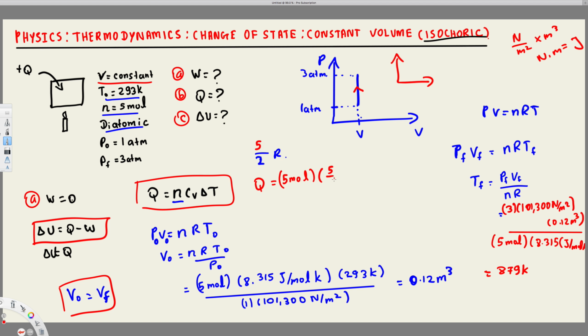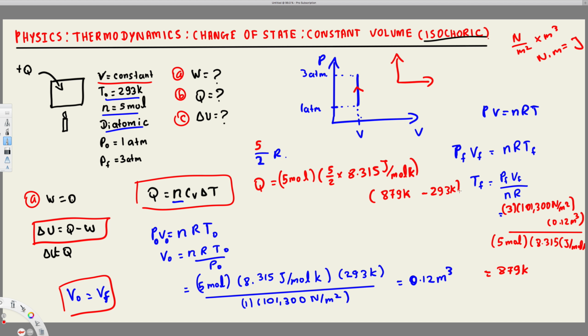5 by 2 times R, that is 8.315 joules per mole Kelvin, times the temperature change, that's going to be T final minus initial, that's going to be 879 Kelvin minus 293 Kelvin.